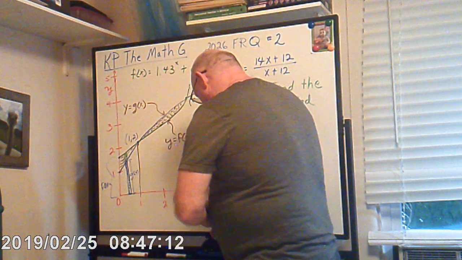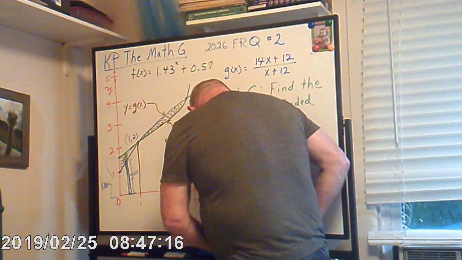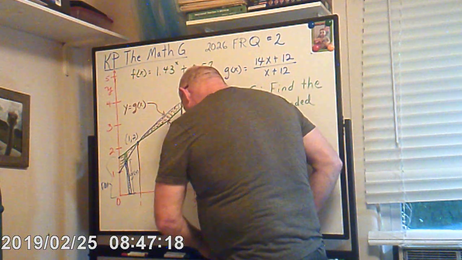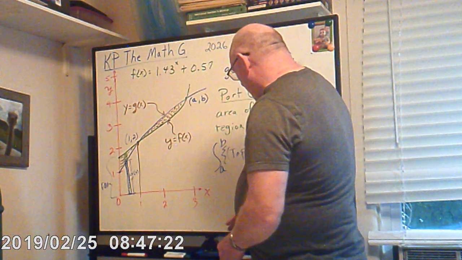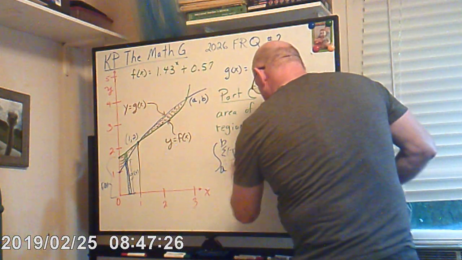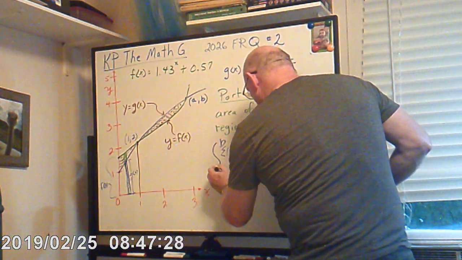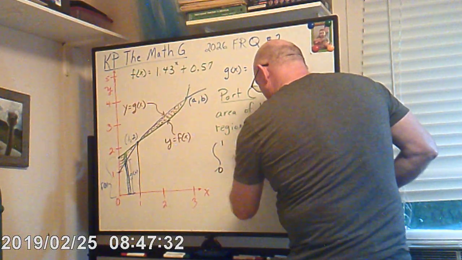Let me get something that writes a little plainer, because it does appear that I'm not getting good writing on this. So it's the top minus the bottom. In this case, from A to B is from 0 to 1. Alright, we know that.